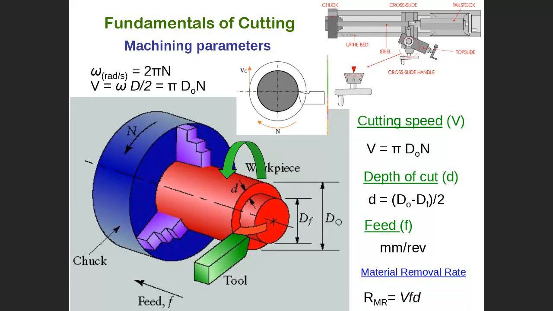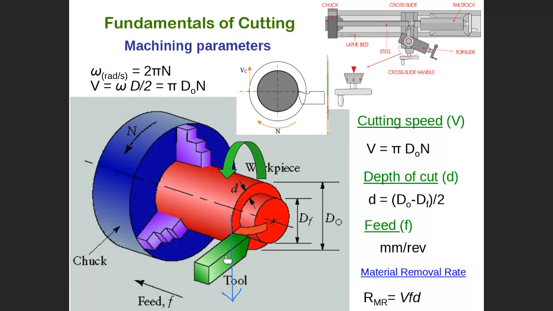This is a linear velocity coming from the rotation of the workpiece, which is the cutting velocity vector.